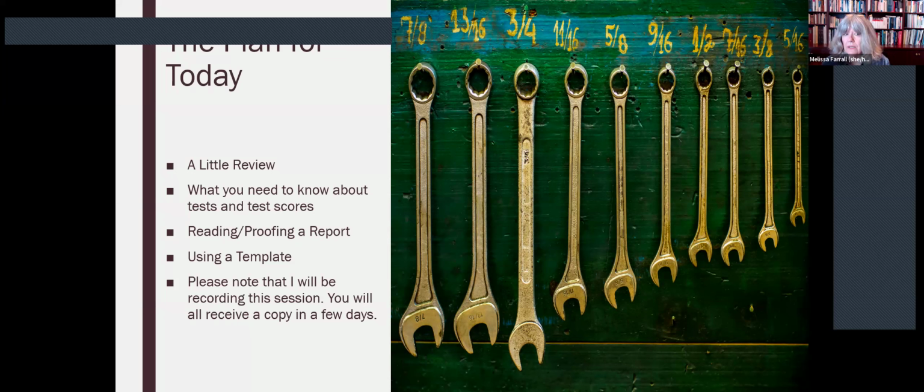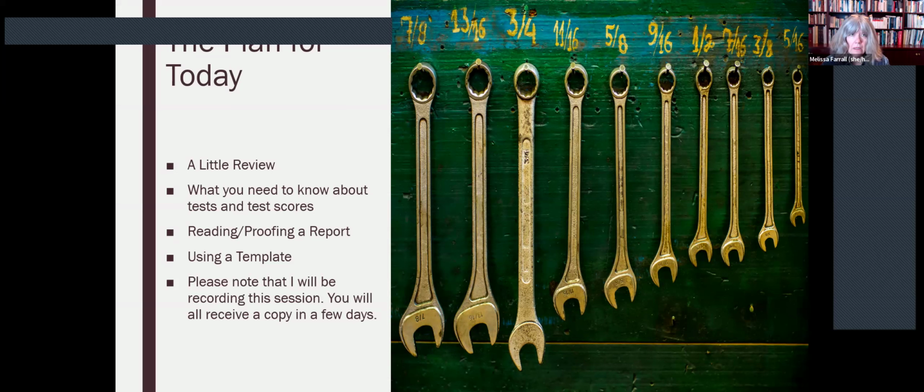I've been doing this for about 30 years, and what I'm finding is that we haven't adequately trained educators in the language of assessment. I know it sounds dreadfully dull, but just a little bit of knowledge about test scores can make all the difference in the world when you are looking at an evaluation, when you are either proofing your own report or reading a report done by somebody else.